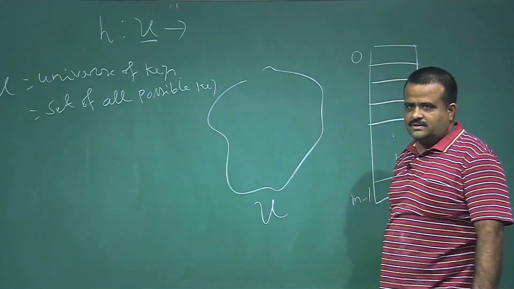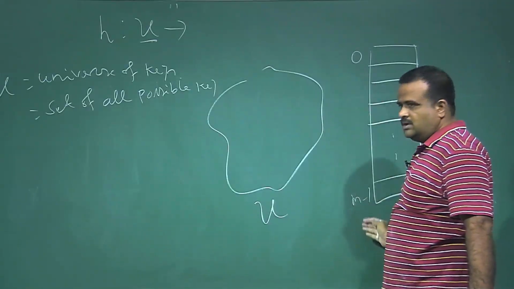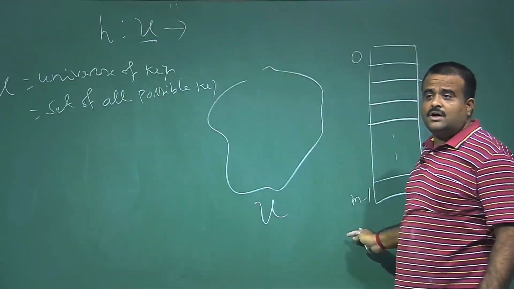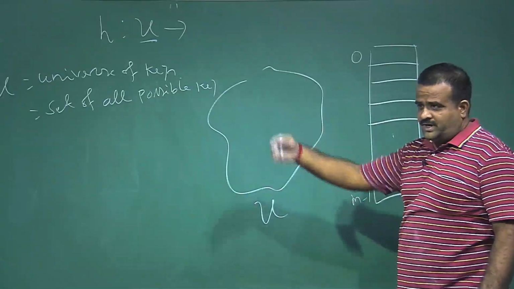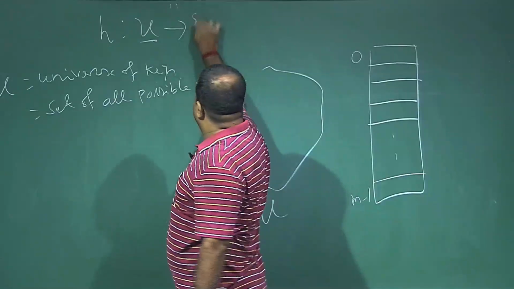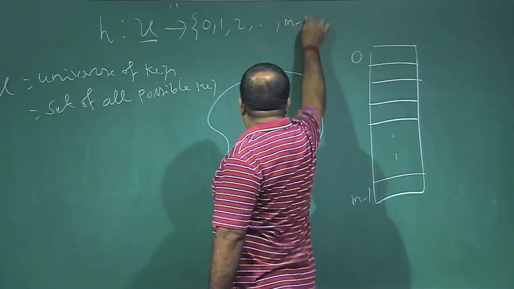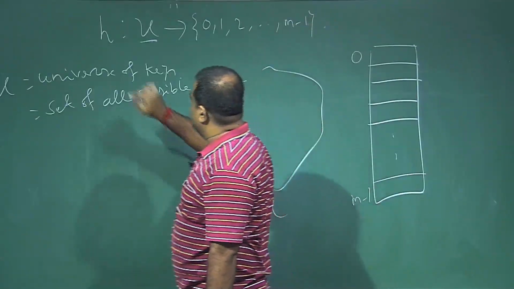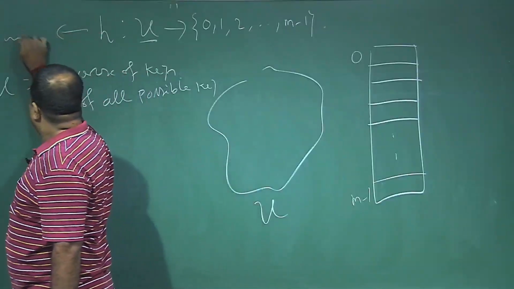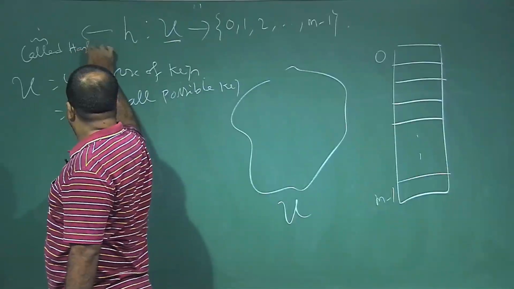It is an m-size array, 0 to m minus 1, as we use in C language. Then any function h from the set of keys to this table is called a hash function.